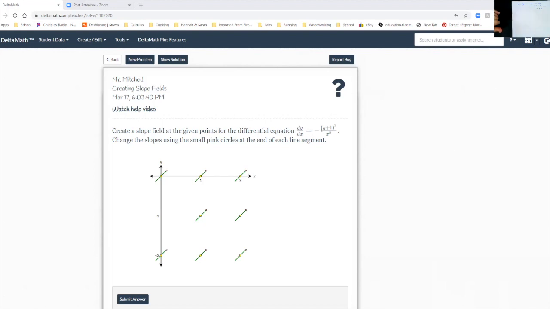Okay, so I'm going to leave Delta Math, and I'm going to calculate these, and then we'll come back and we'll tweak these.